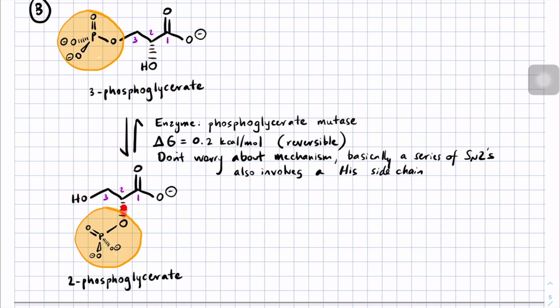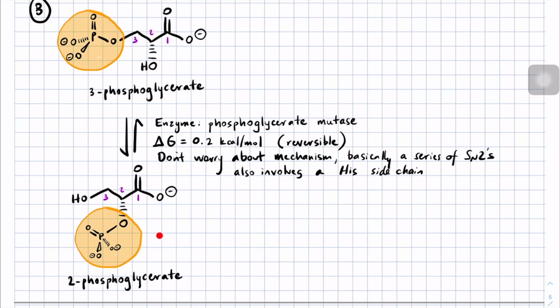That mechanism is somewhat complex. It involves a histidine side chain that already has a phosphate on it, and it's a series of SN2 mechanisms. I'm not going to require you to worry about that mechanism right now, but you do need to know that we're going to move the phosphate from C3 hydroxyl to C2 hydroxyl.